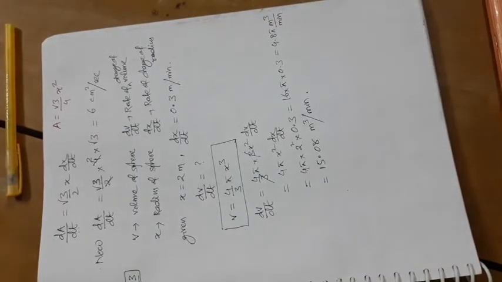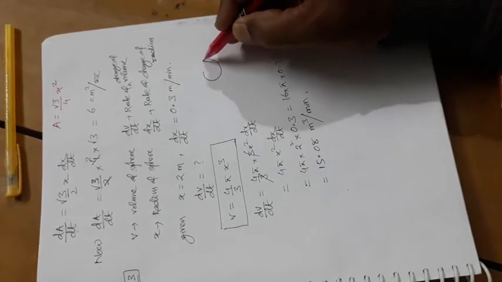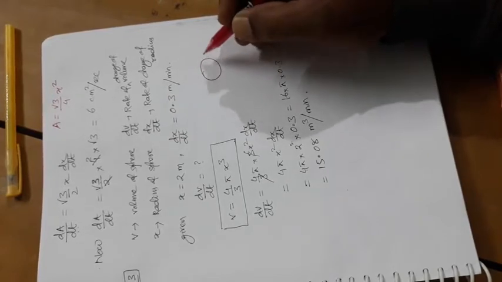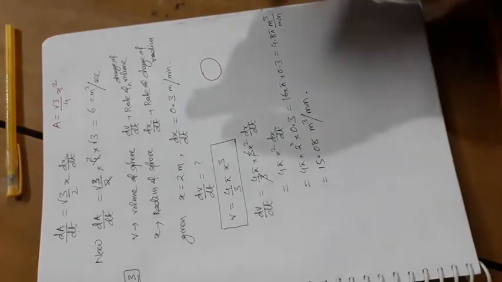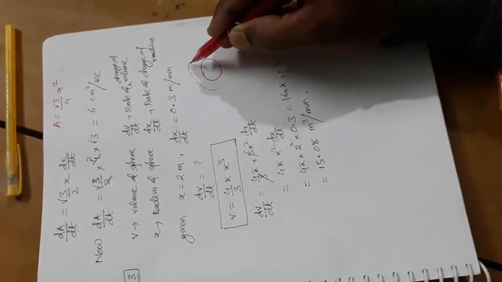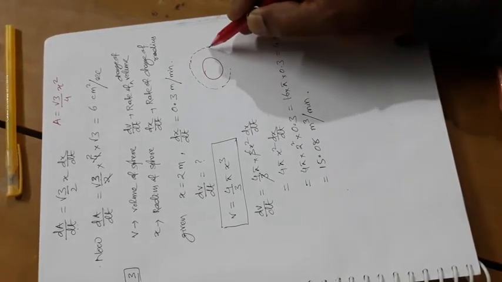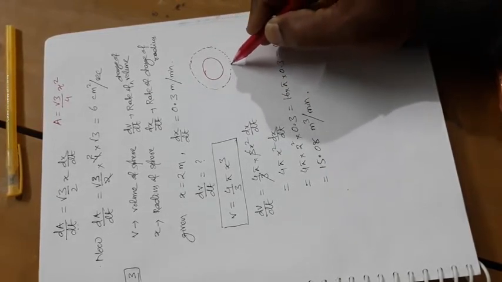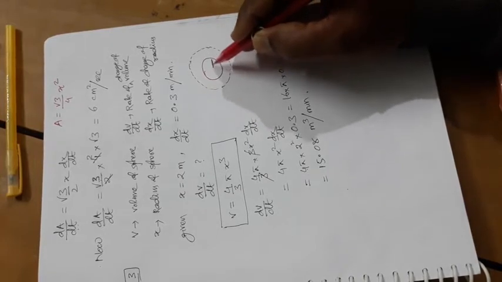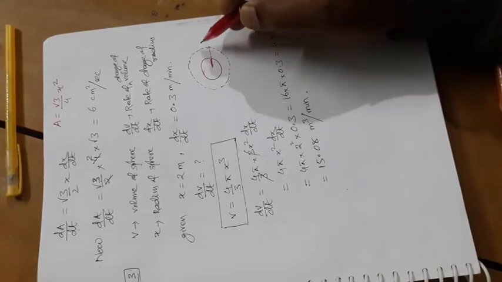Suppose there is a balloon. When you blow it, it becomes bigger like this. Its volume will increase. When the radius increases, the volume will increase.